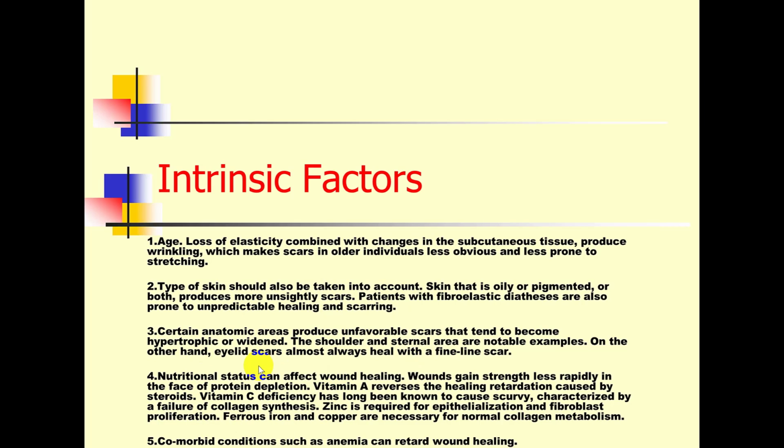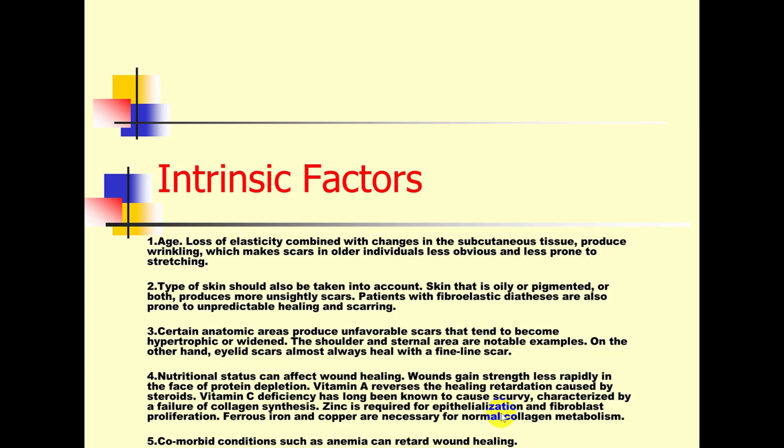Also the nutritional state of the patient: we must understand that whenever we have a wound and want good wound healing and a good cosmetic result, the patient must have good nutritional supply, protein with no protein depletion, and good supply of vitamin A and vitamin C, because deficiency, like in scurvy, affects the healing process and collagen synthesis.